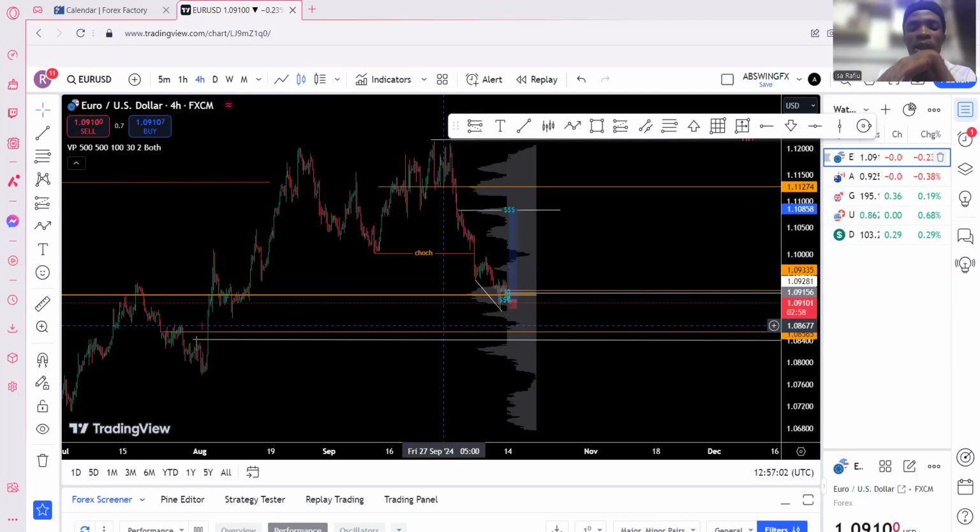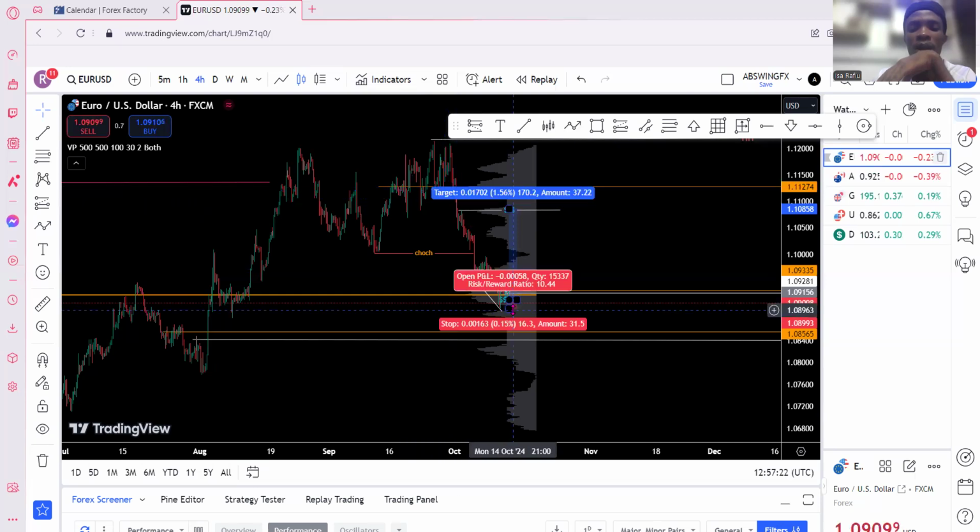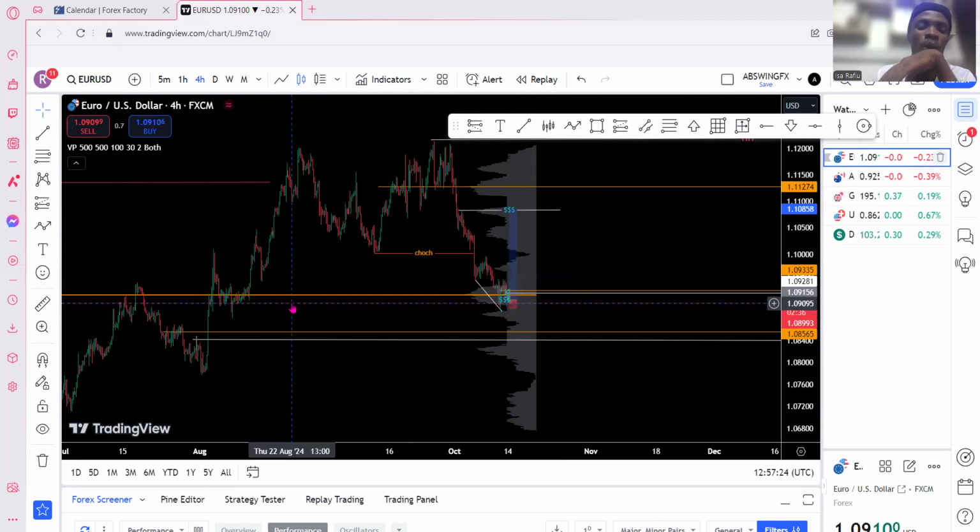Initially, there was an inflow of money from here to this place. And now there was another inflow of money from here downward. Good. That is a good transactional point.